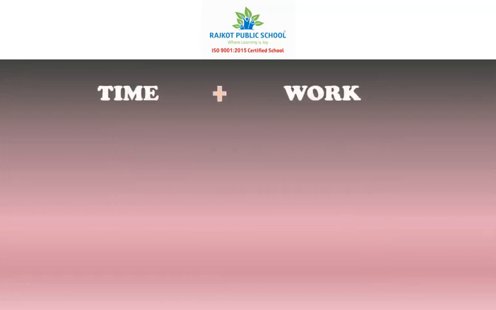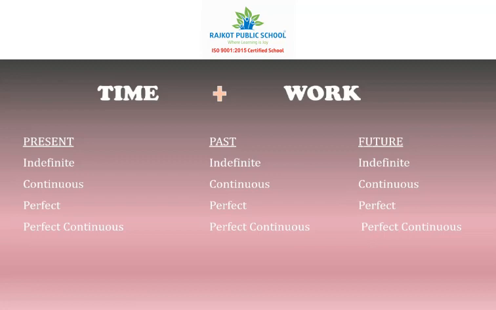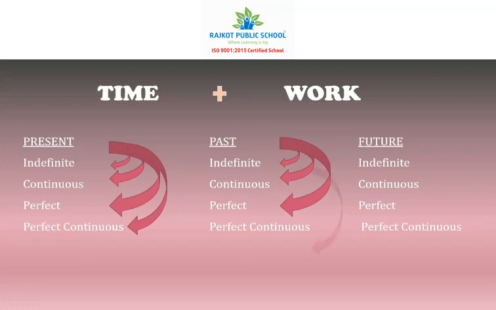Let's add time and work and see how many types of tenses we get. In present tense, we can have indefinite, continuous, perfect, and perfect continuous. Same way, in past tense, we can have indefinite, continuous, perfect, and perfect continuous.